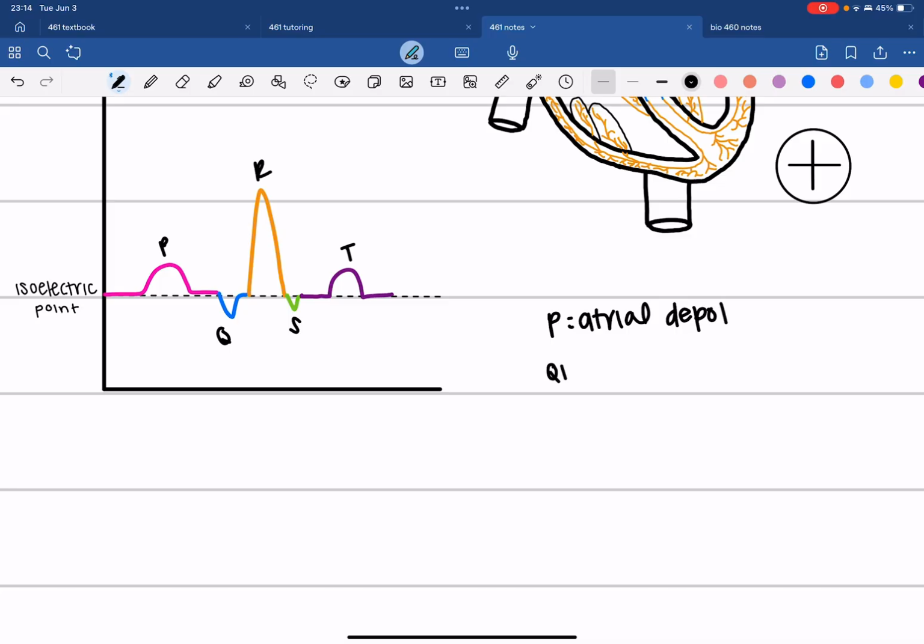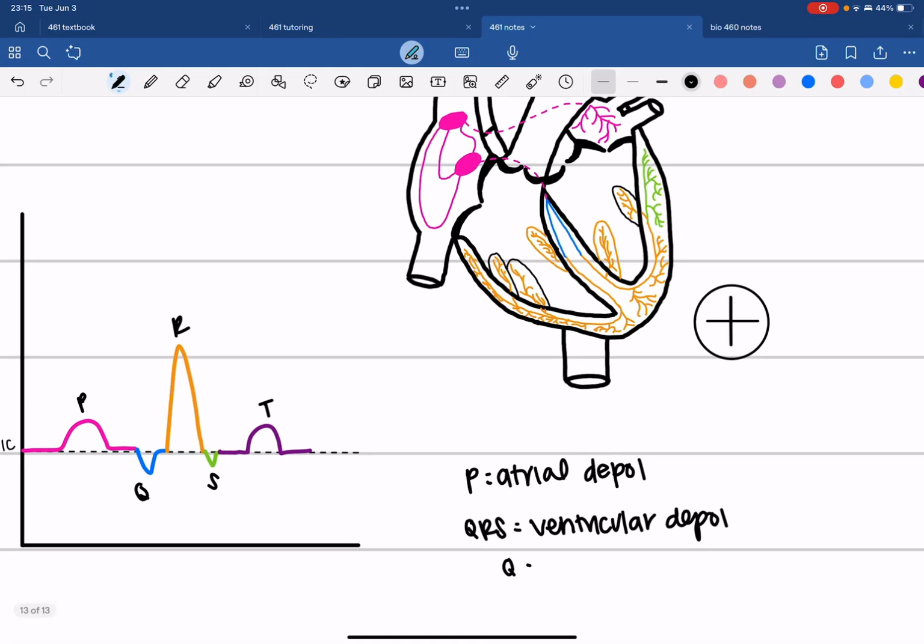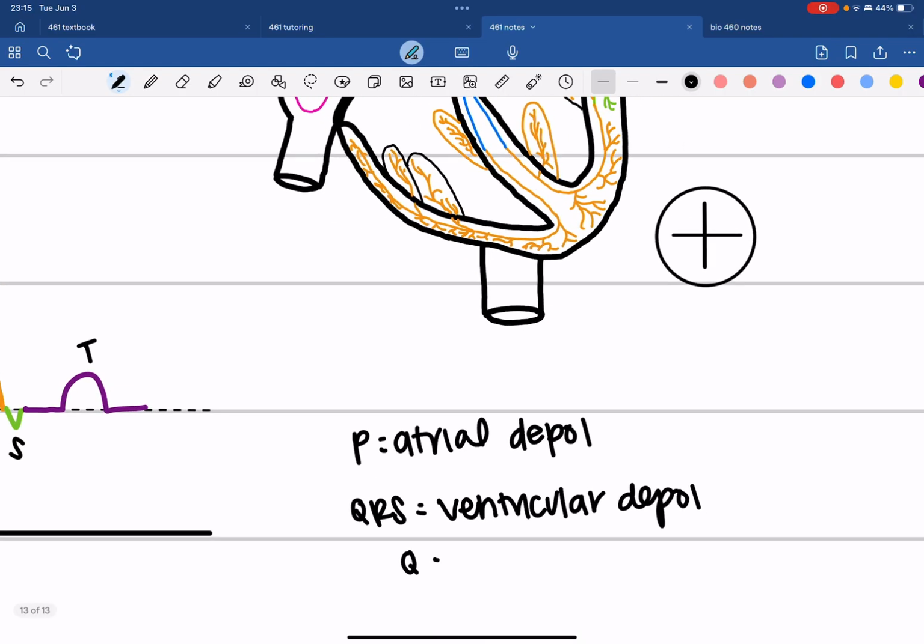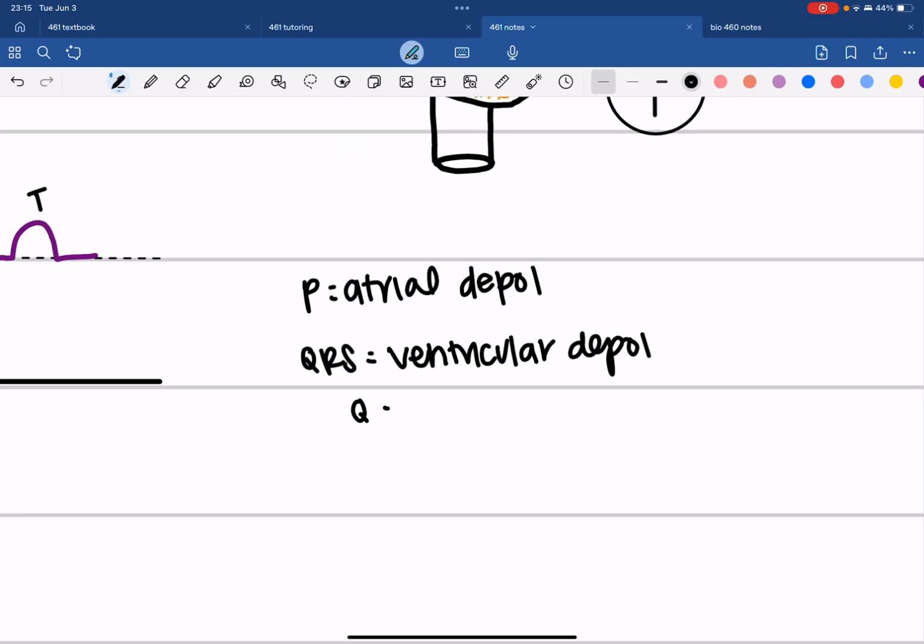Our QRS complex altogether represents ventricular depolarization. But if we break this down, our Q wave represents specifically the superior portion of the ventricular septum.